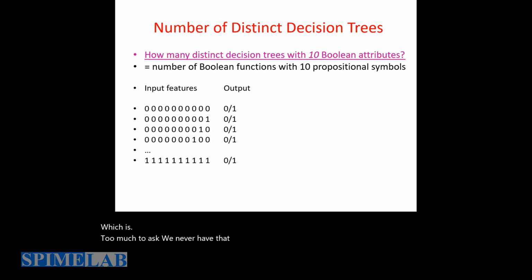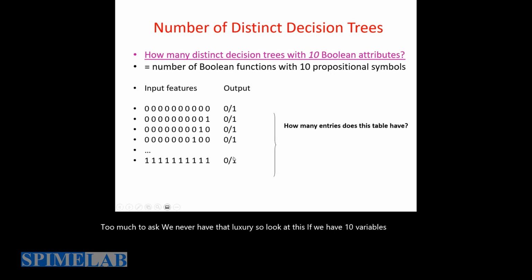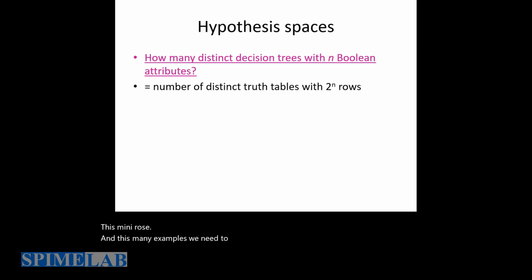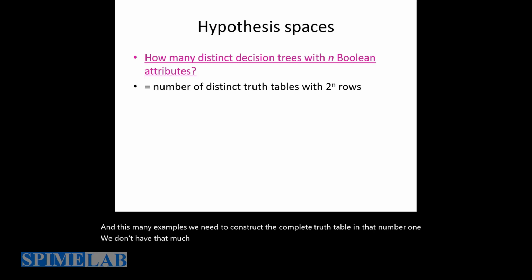So look at these. If we have 10 variables and the output is binary, this many rows and this many examples, we need to construct the complete truth table. And that, number one, we don't have that much data, never have that much data. We have only example or sample data.